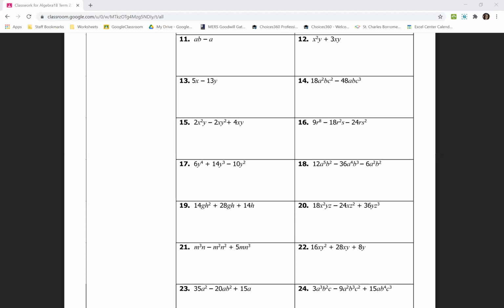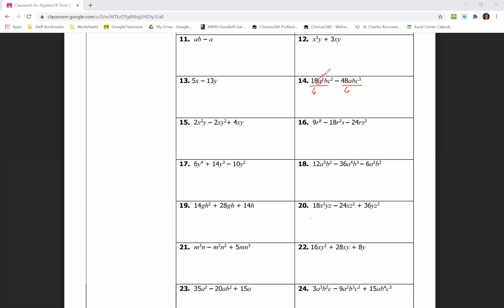So I have 18a squared bc squared minus 48abc cubed. So I look at the coefficients first, okay, and I'm looking at 18 and 48. Well, I know I can pull out a 6 from 18, and then also I can pull out a 6 from 48. So I know I have a common factor of at least 6. Now let's look here.